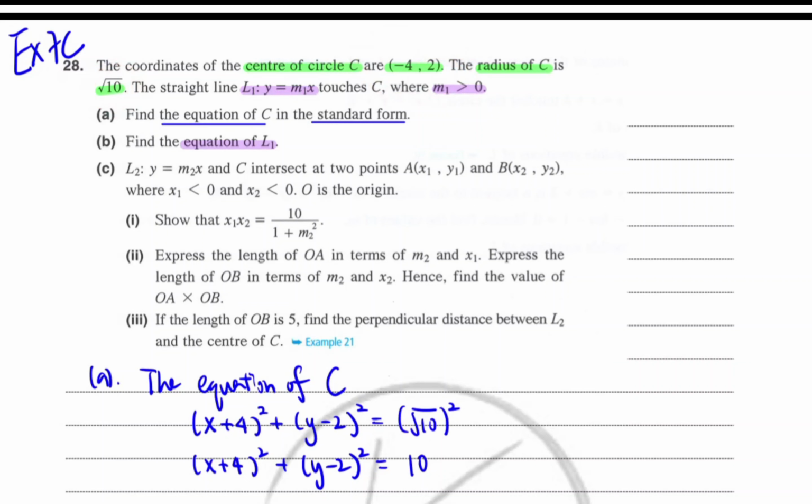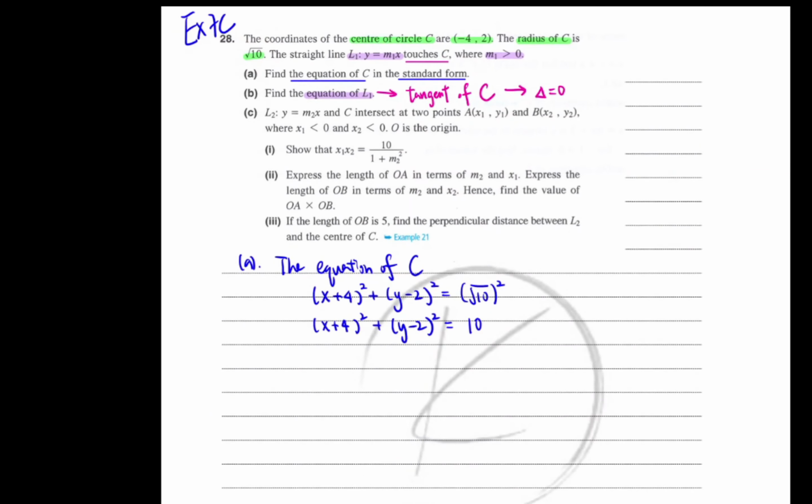And this straight line is touching C. So we can also tell that the equation of L1 is actually the tangent of C. Later on, you need to think about delta equals 0, because a tangent touches C at one point only.